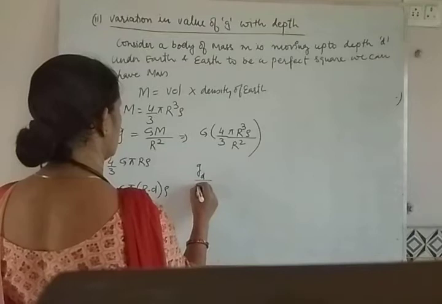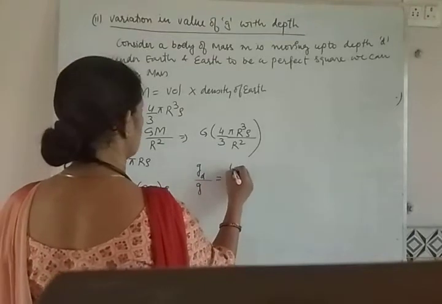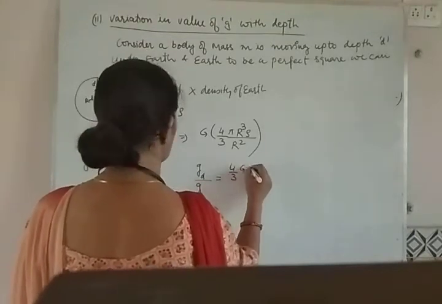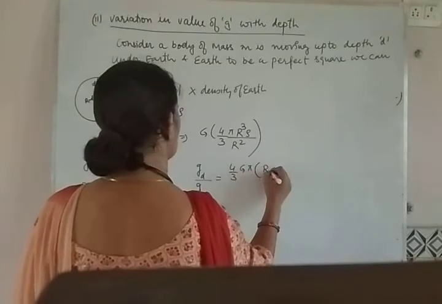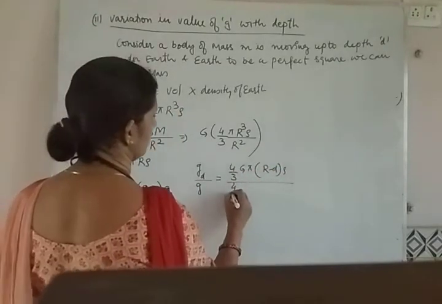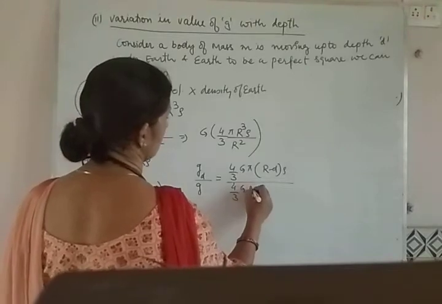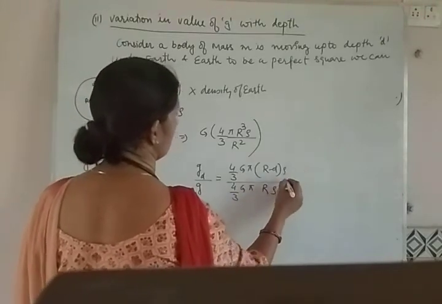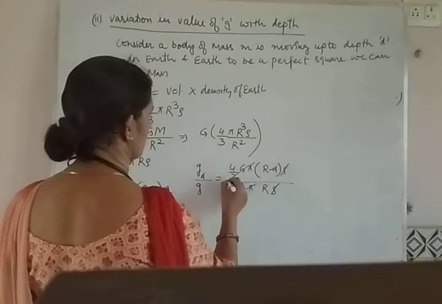Divide these values: gd divided by g is equal to 4 by 3 G pi (r minus d) into rho, divided by 4 by 3 G pi r into rho. Some factors will cancel out.